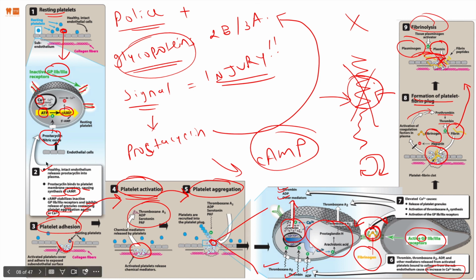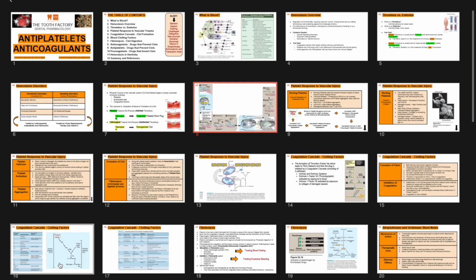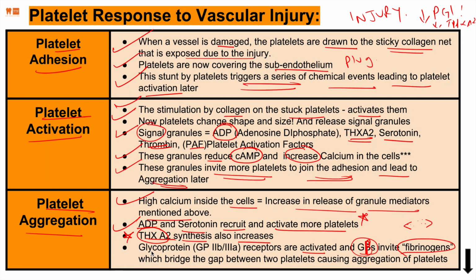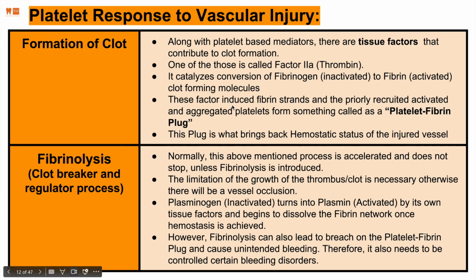They end up creating a bridge in between the two molecules. Perfect? Let's get back. The glycoprotein receptors are activated and they invite fibrinogen, which bridges the gap between two platelets, causing aggregation of platelets. Moving on.